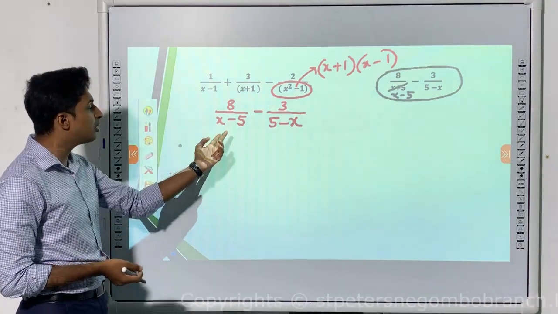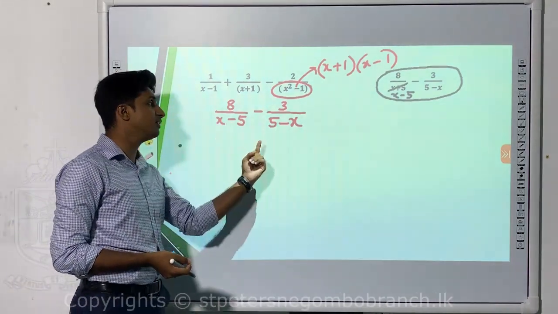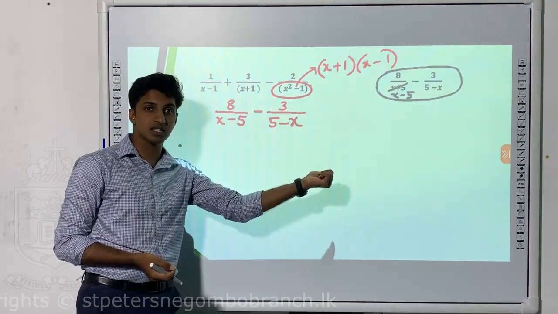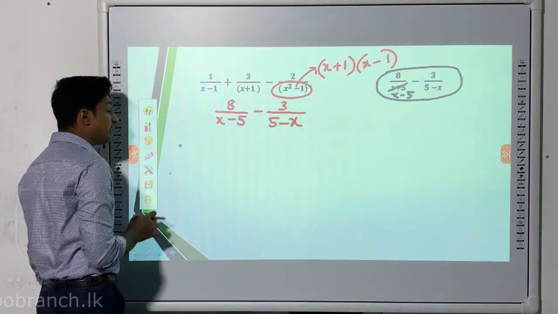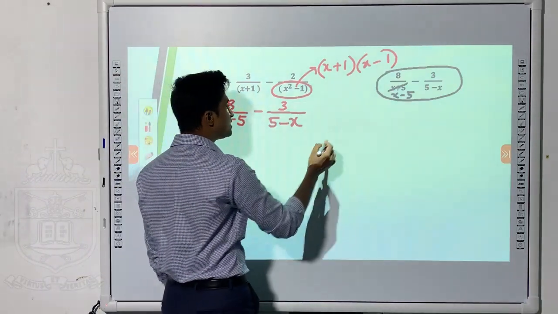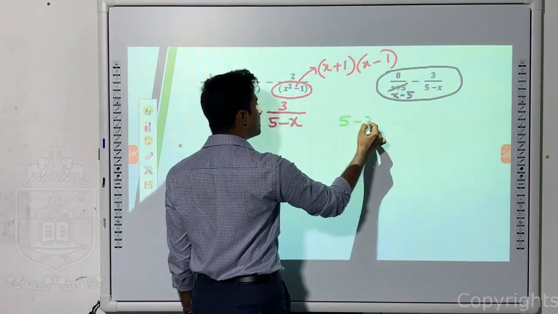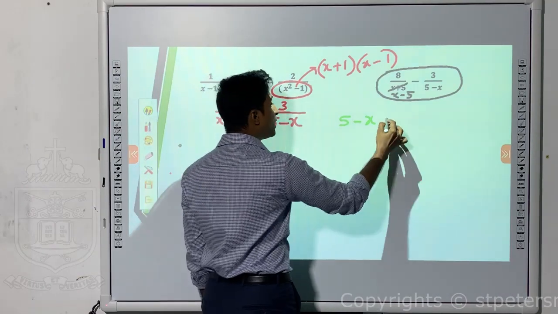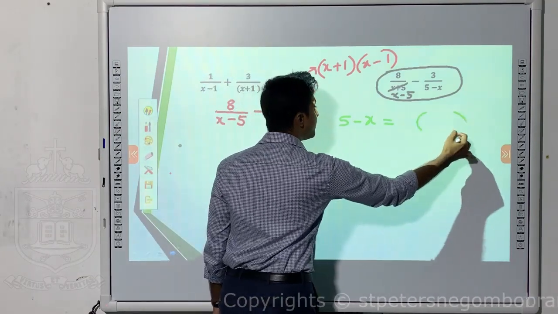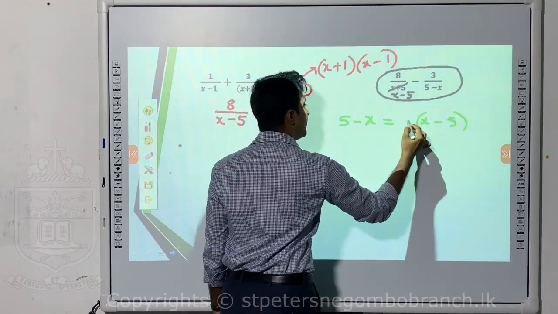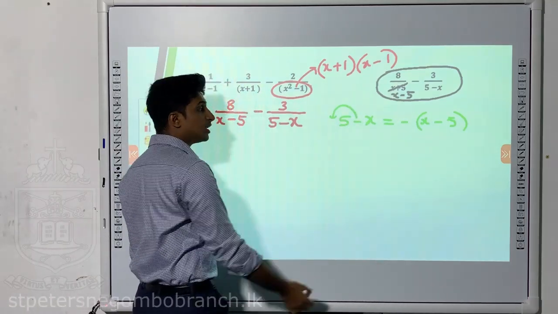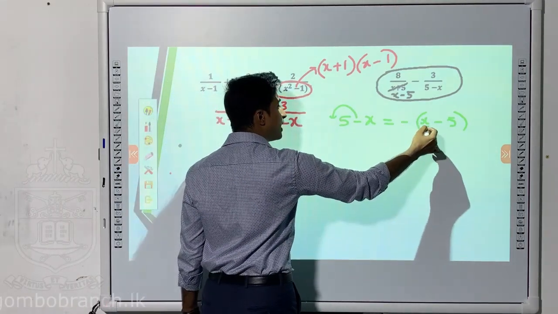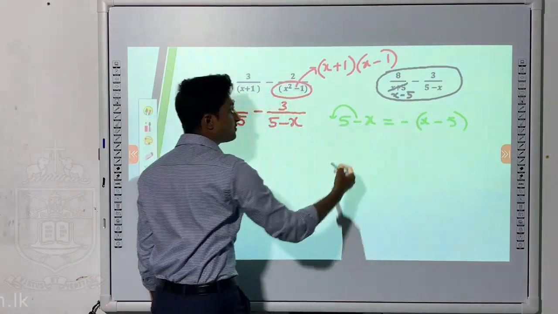Now you can see in the denominators, here I have x minus 5, here I have 5 minus x. In algebraic least common multiples, as we have discussed, if you take 5 minus x, you can change it to x minus 5 by taking the minus out. If you take the minus out, x will remain inside: minus x, and minus into minus is plus 5.